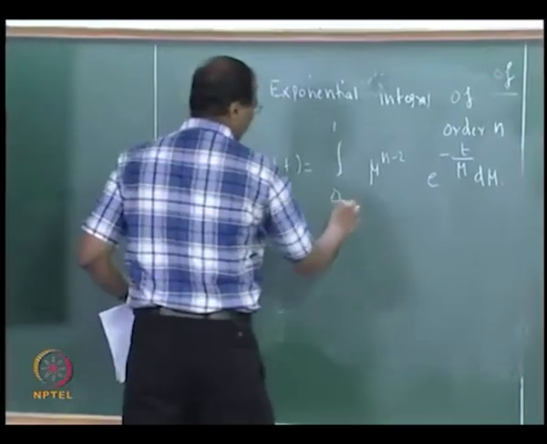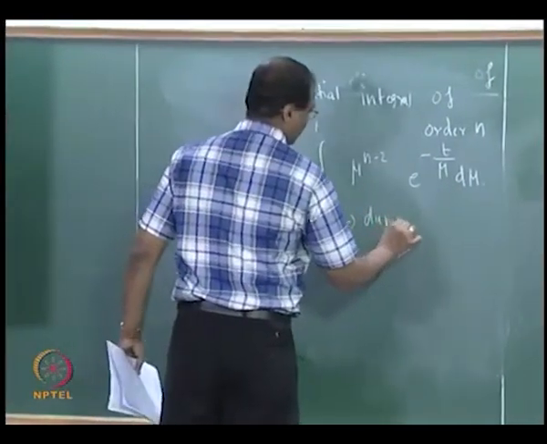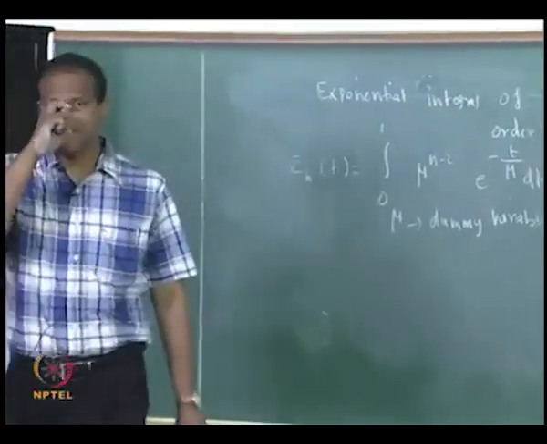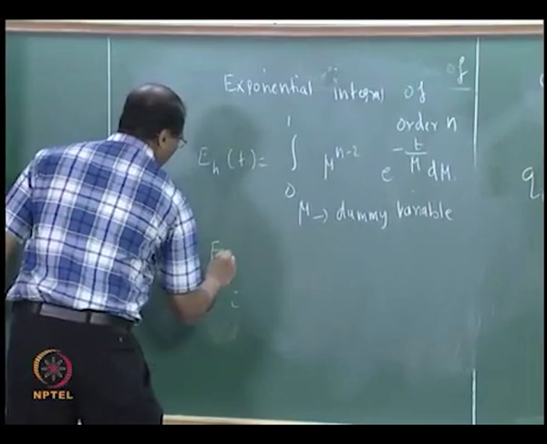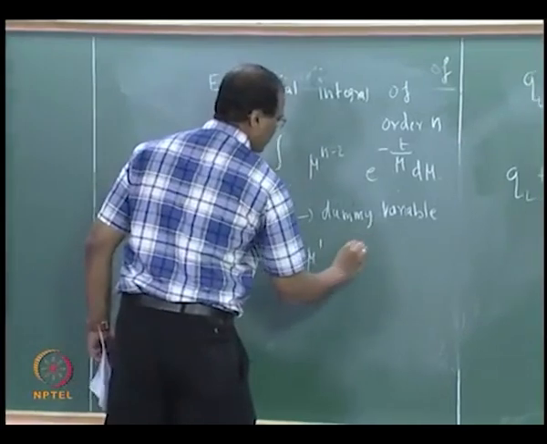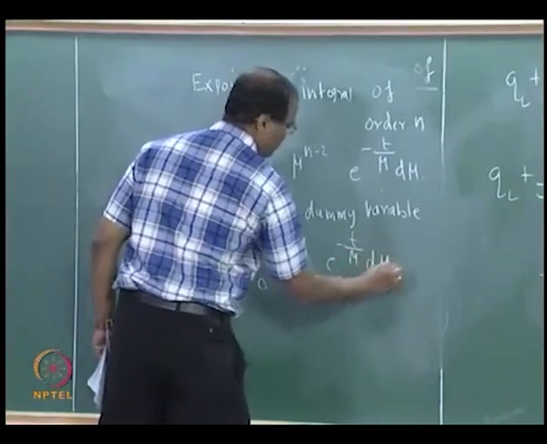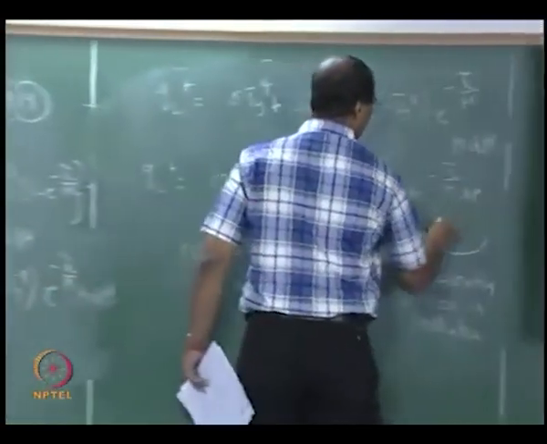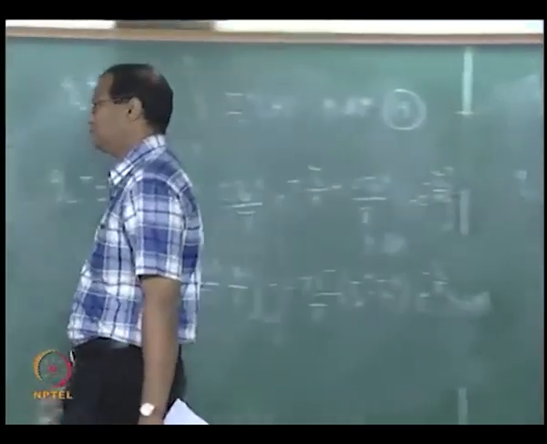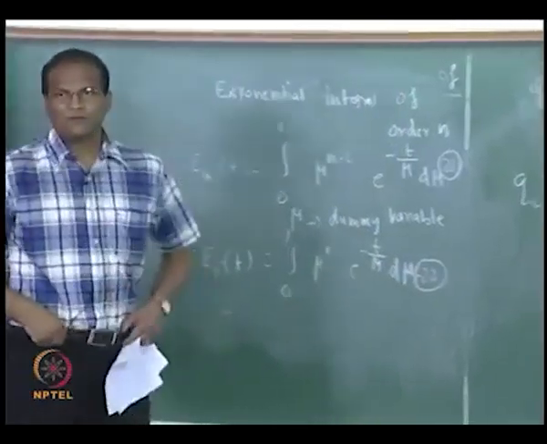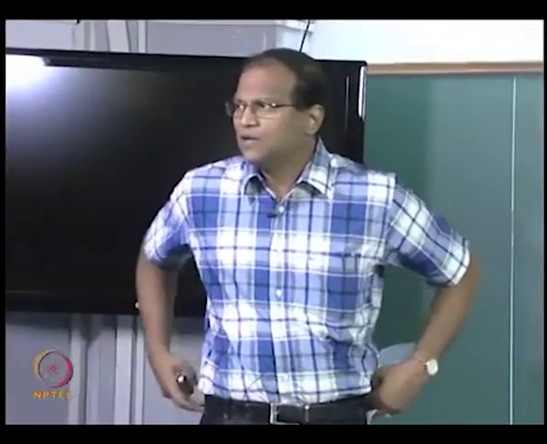Mu is basically a dummy variable. Okay, so this is what we got, right? So I think this should be 20.